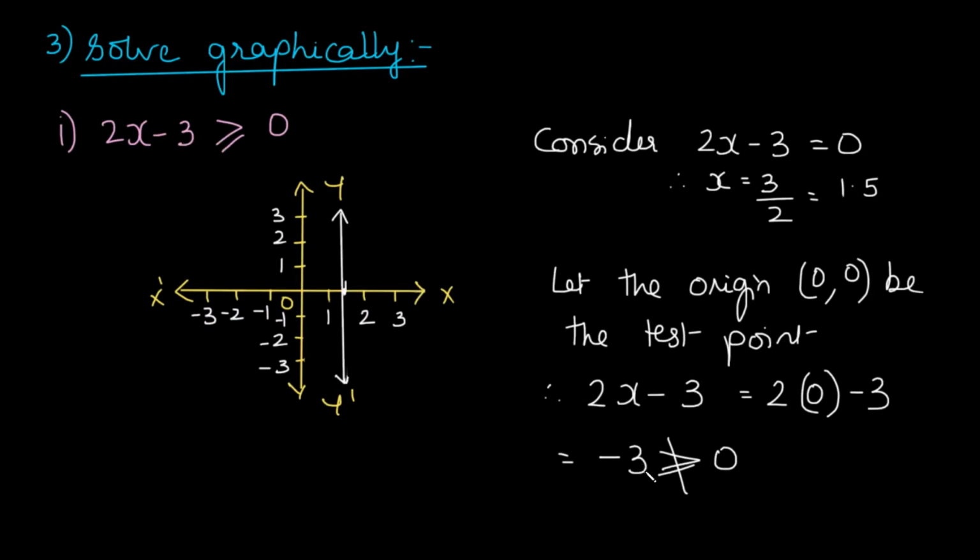But over here we are getting minus 3 when we take the origin as a test point. That means the solution set does not lie on the origin side of the line. It lies rather on the non-origin side of the line, the opposite half plane. So, the solution set includes the line itself and also the region on the non-origin side of the line.